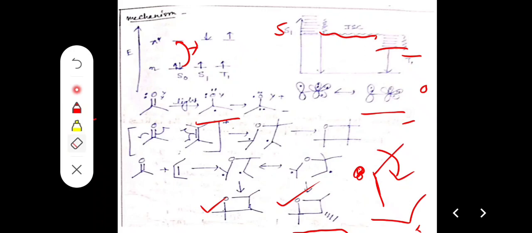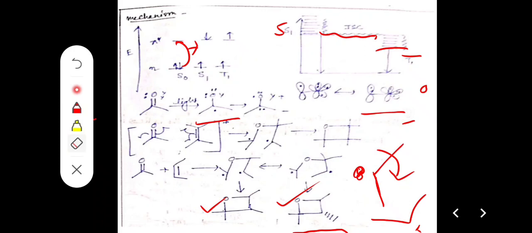But when the excited electron changes its spin and goes to the upper excited state, the overall spin also changes, that is plus 1. So we get spin multiplicity 3, and that's why we call it the excited triplet state.